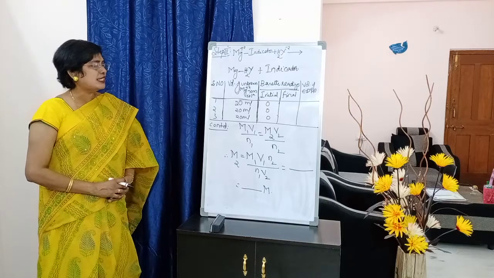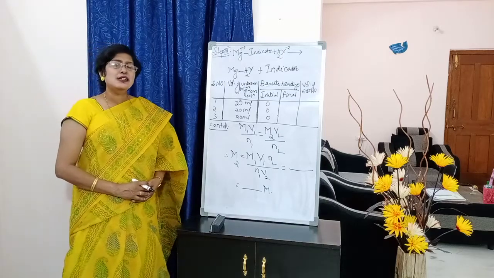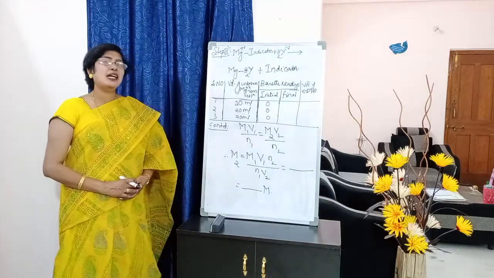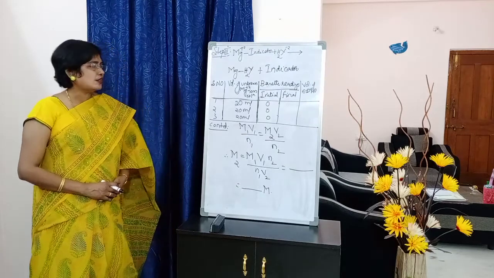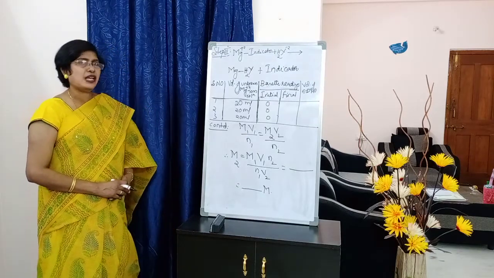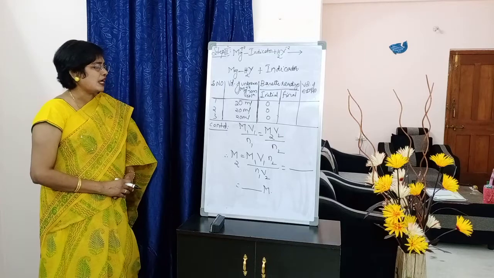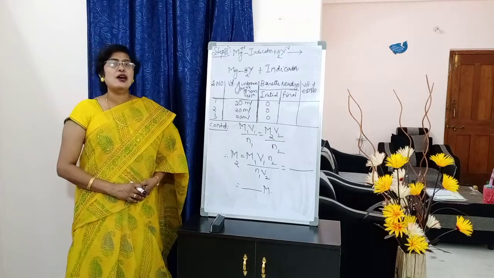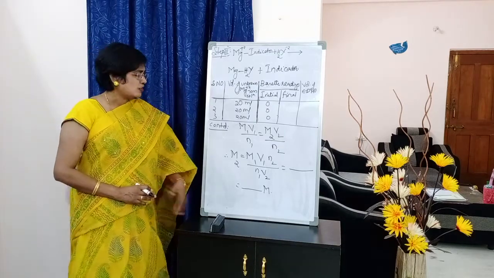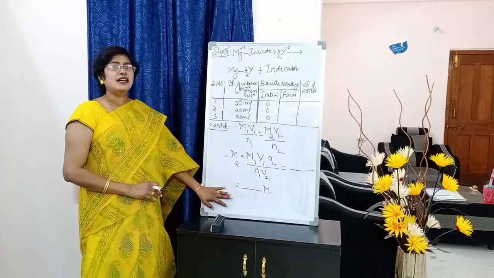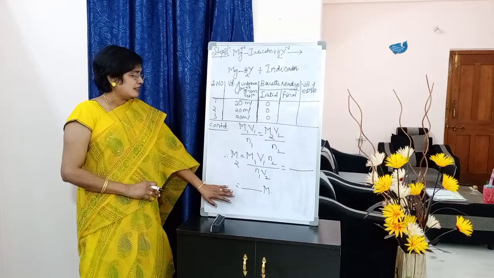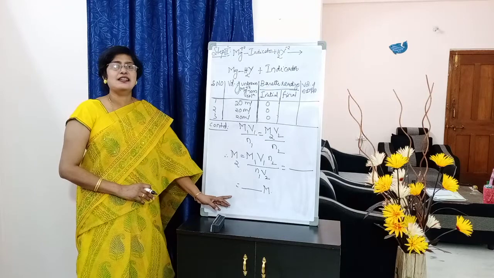Therefore, M2 is equal to M1 V1 N2 by N1 V2. So I will substitute all the values, multiply, then divide, and the final value will be the molarity of EDTA, students. Okay. So these are the calculations under step 2.